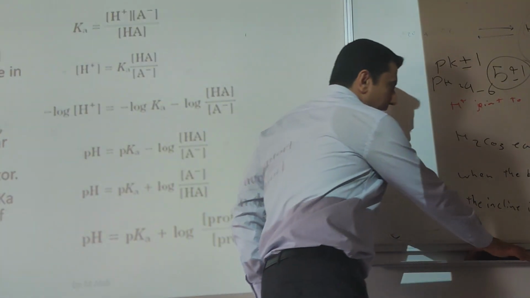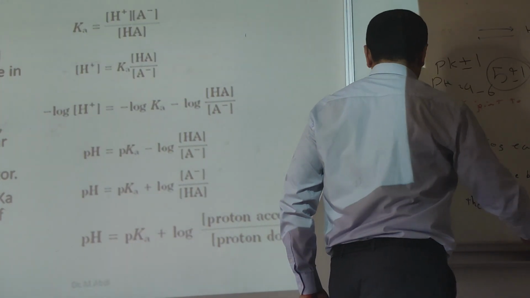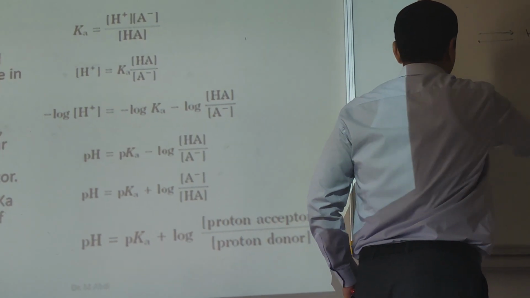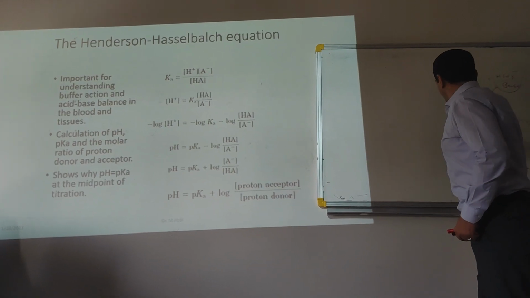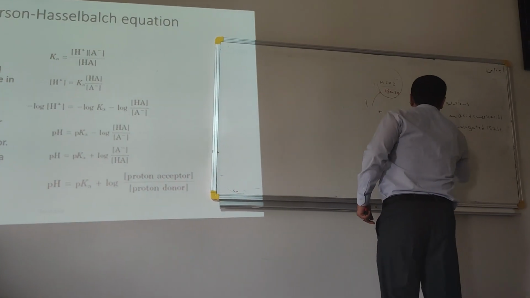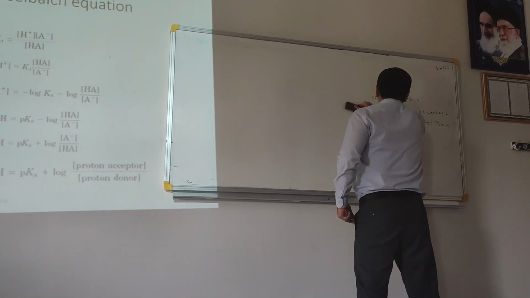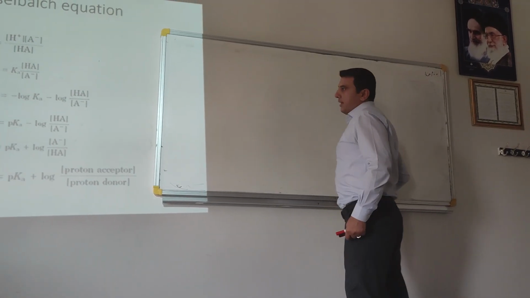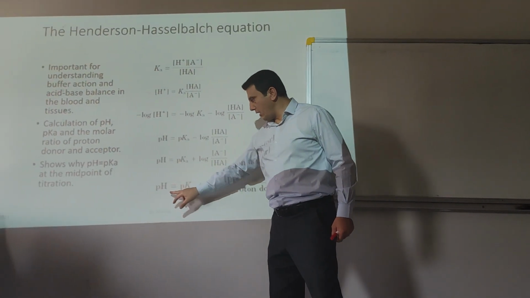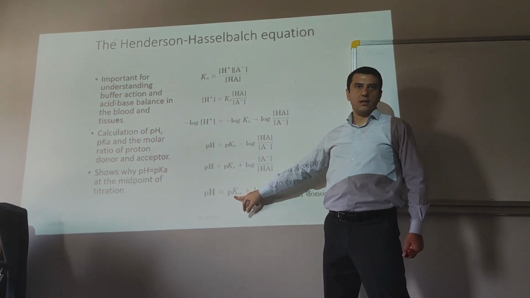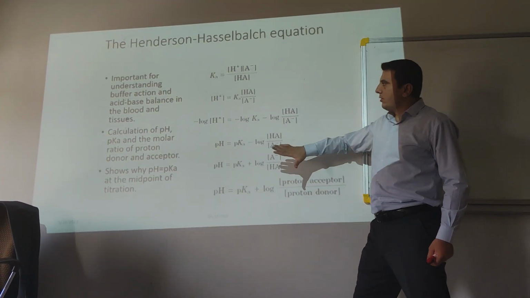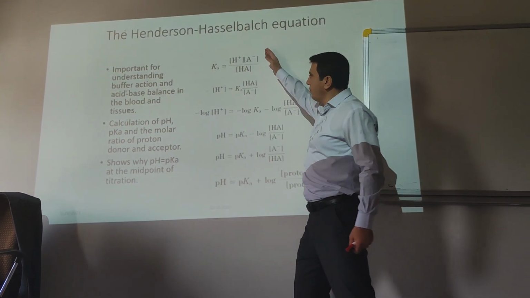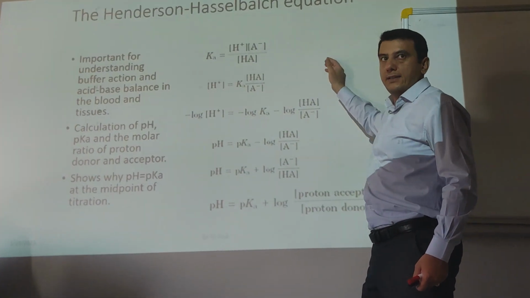We have a very important equation you can see here in this slide, and that is the Henderson-Hasselbalch equation. You apply this equation to determine pH or pK. You don't need this other part of the slide.